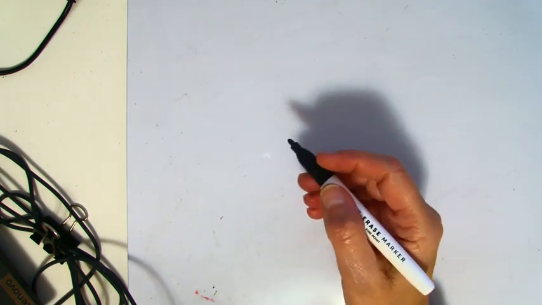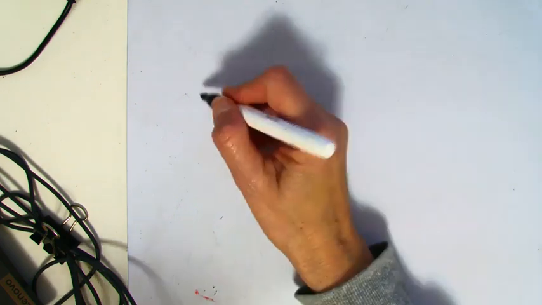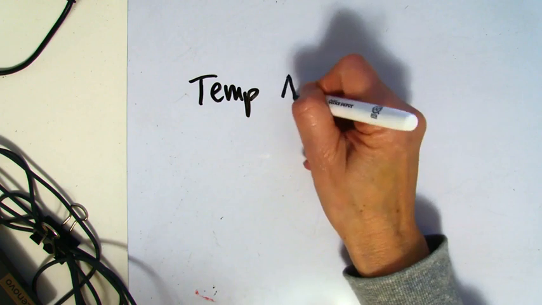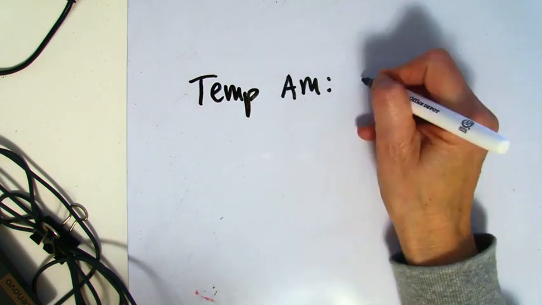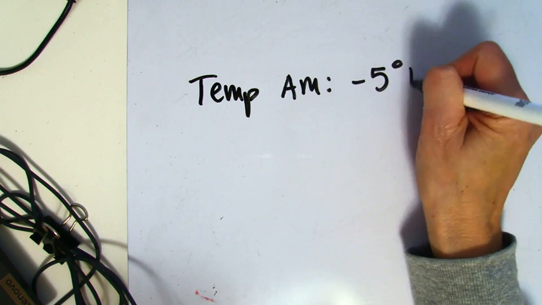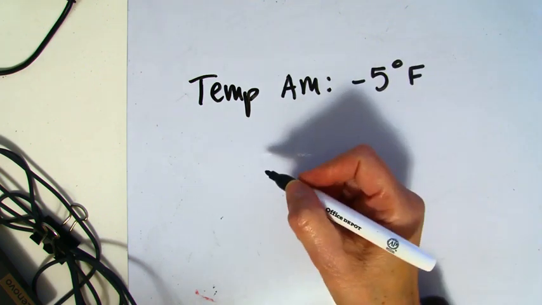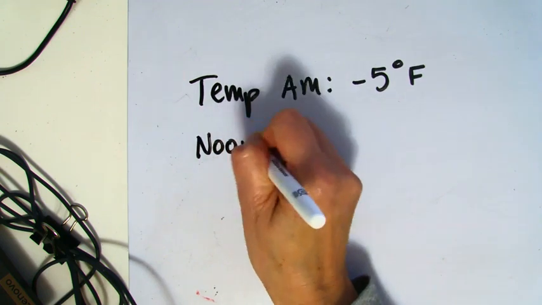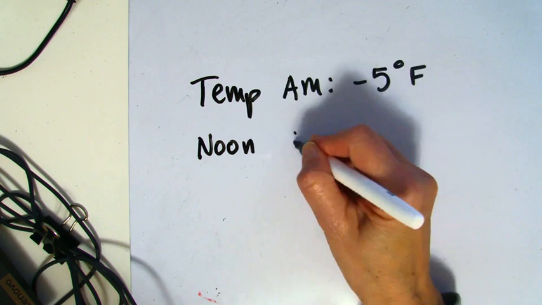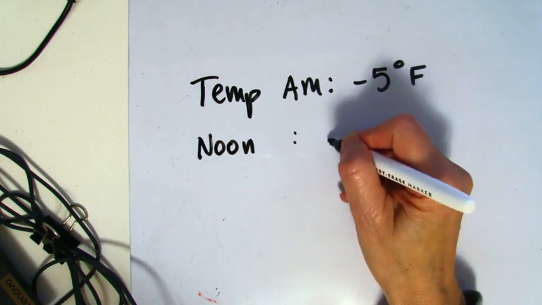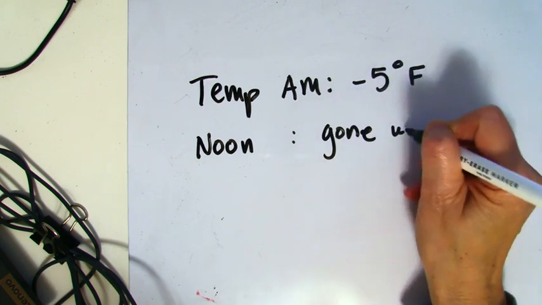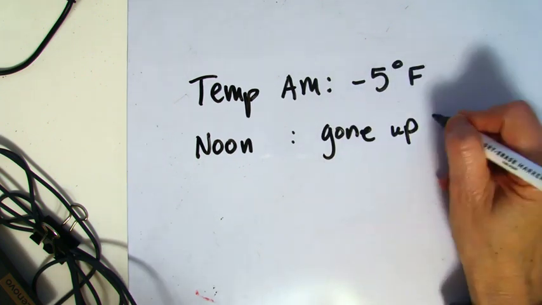So one example is, say you check the temperature in the morning, and in the AM, let's say it's -5 degrees Fahrenheit, and by noon, it's gone up 20 degrees.